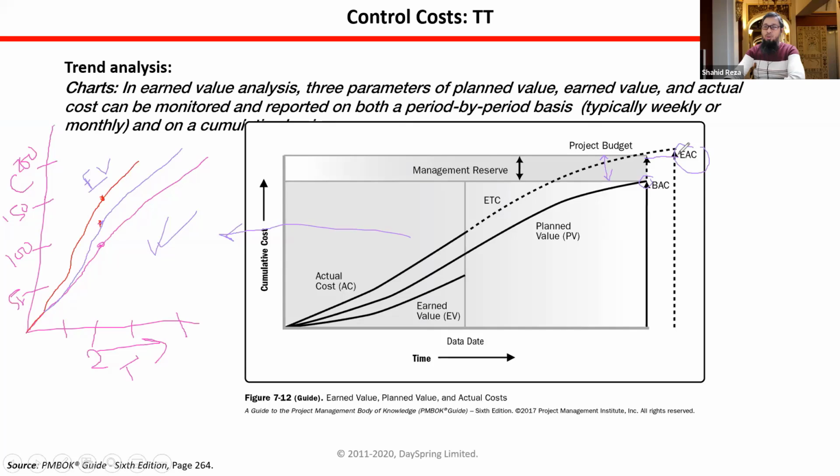The project is doing so bad in terms of cost that it is exceeding the management reserve also. So we have to take action so that it comes down. Otherwise, the management reserve also cannot handle the unforeseen scenarios of this project. Okay.